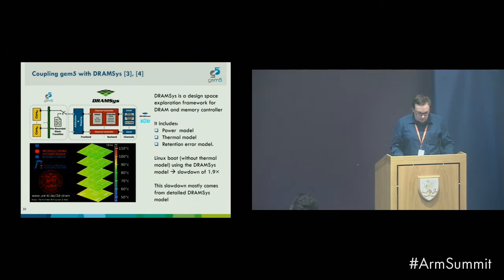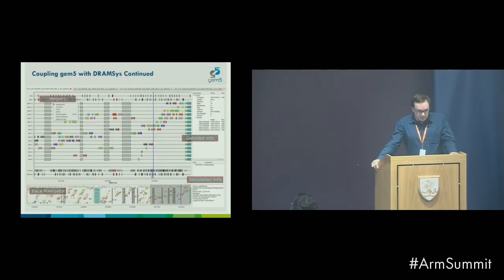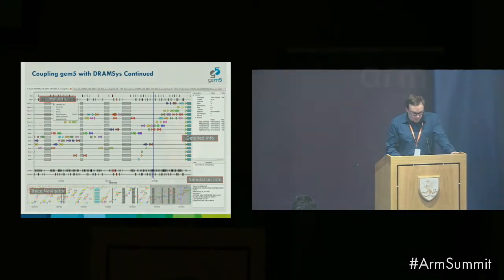So what you can do with DRAMSys, I think you saw it already in that video, but there are also some other tools like a trace analyzer which visualizes the TLM transactions that are going on in the system. So here this is, for example, a DDR4 memory where you see they have 16 banks, and also you go into power down modes. These are the gray bars, and you can really analyze what's going on in the system.